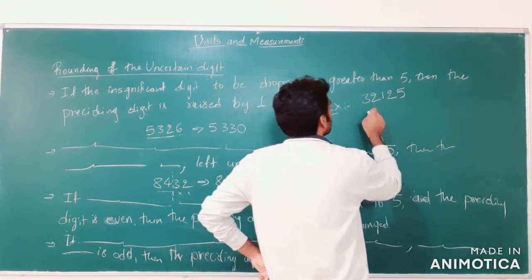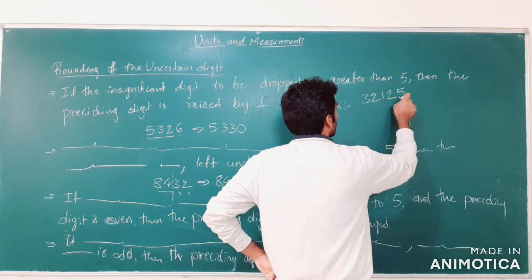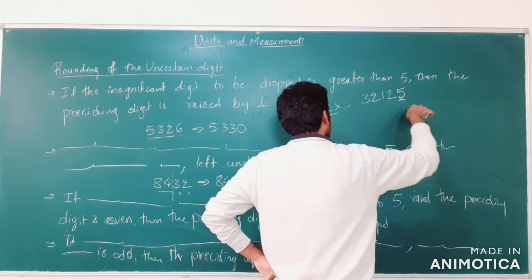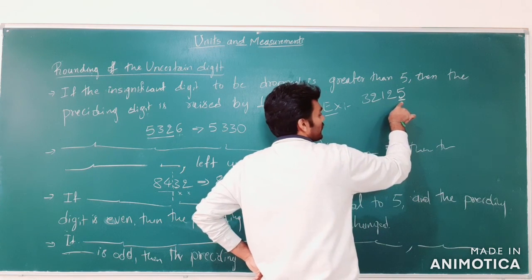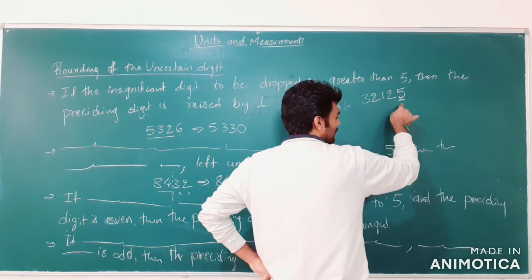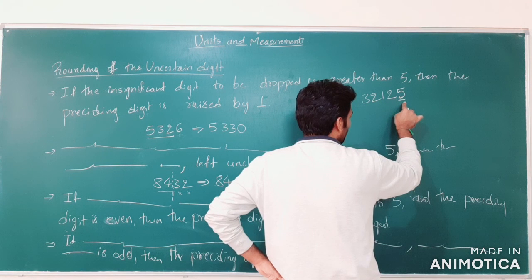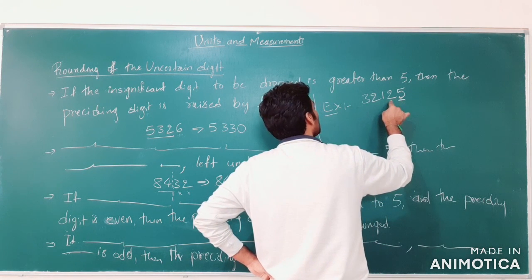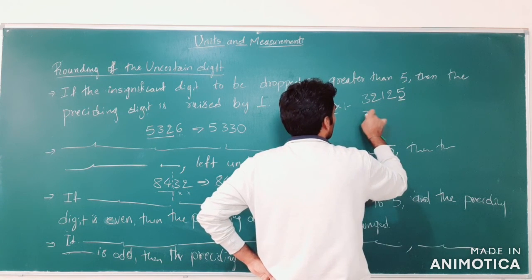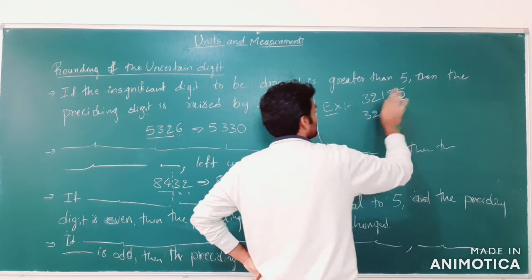Then I should follow the rule. The insignificant figure which I should remove is equal to 5. If that is the situation, I should look for the preceding term. If the insignificant digit is equal to 5 and the preceding term is even, then I should leave the preceding term as it is.